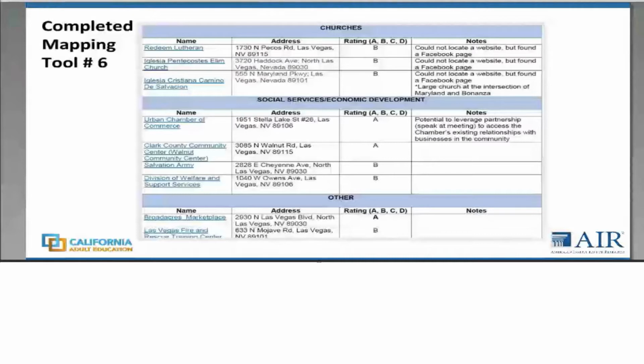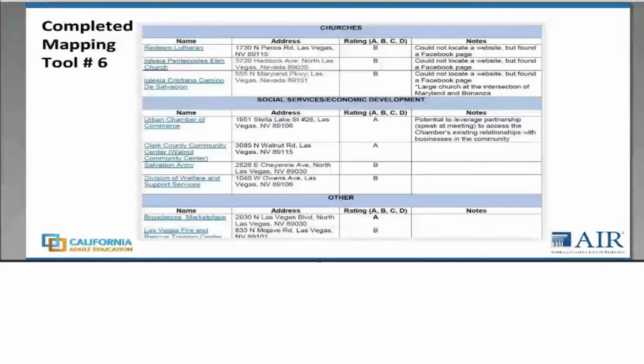They identified the name of the organization and where they actually were. All of these have the physical addresses because this is what's typed up after the debrief has happened. But during this asset mapping field trip, there are just notes and intersections, because you're physically driving throughout the community street by street and might not have access to the actual address, but you want to make sure that you can figure out how to come back to find the full information for the resource.